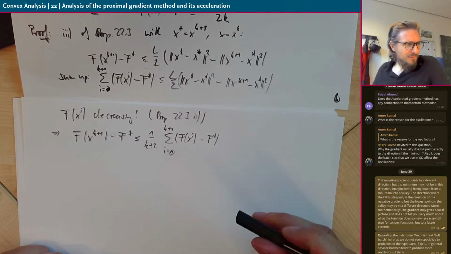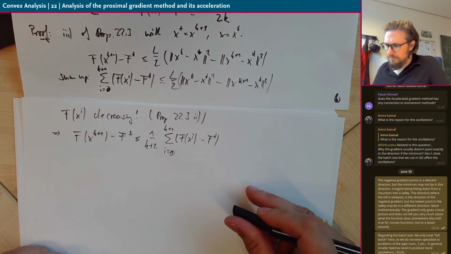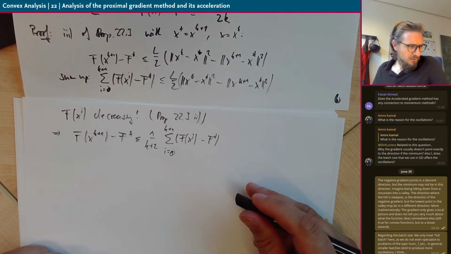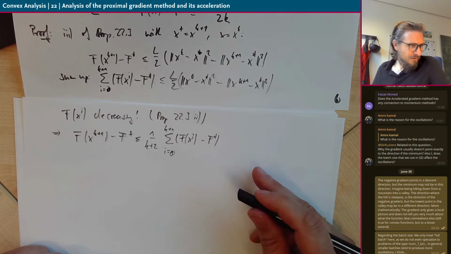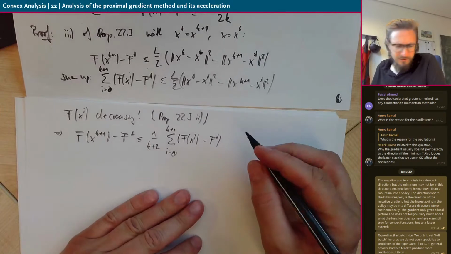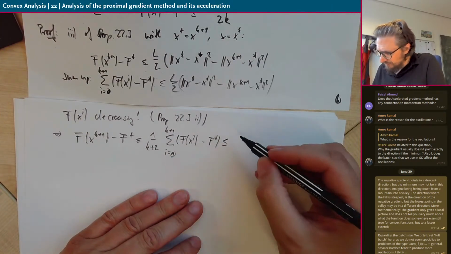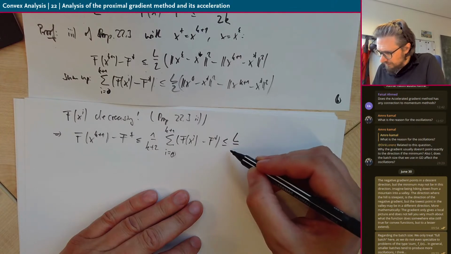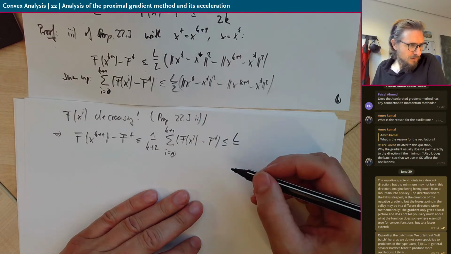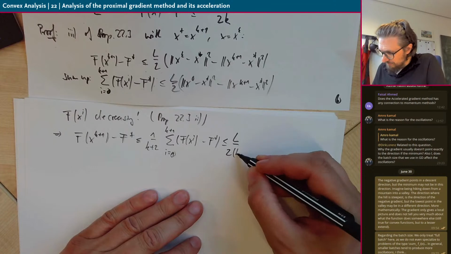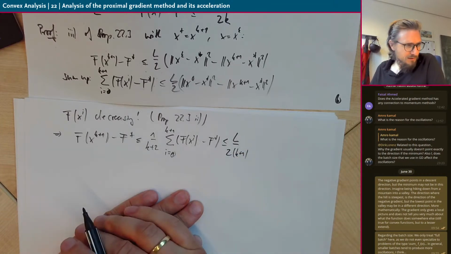And actually, I think we are a bit better here than I thought. But anyway, okay, let's continue. And for this here, we know this is then smaller than L over 2k plus 1, 2k plus 2 right here now, I think.